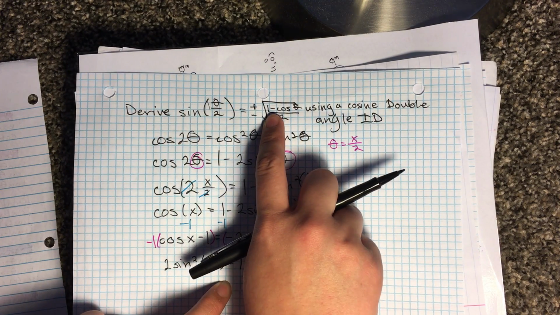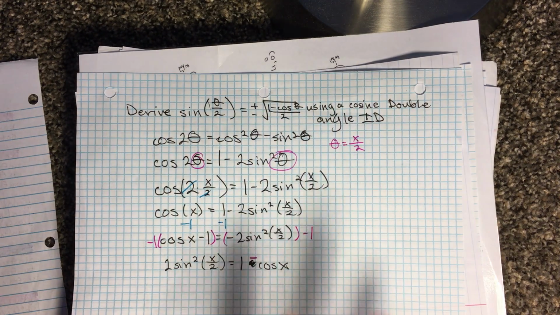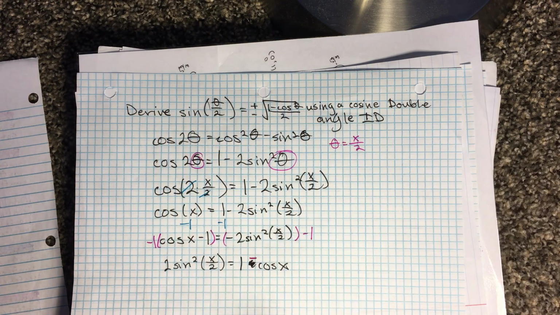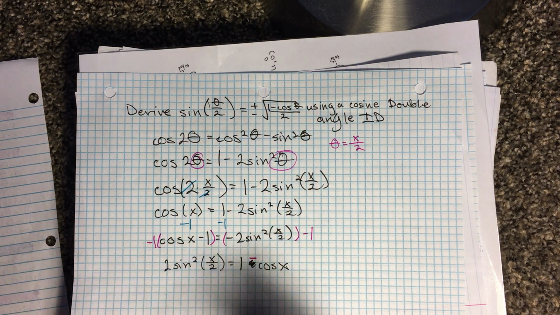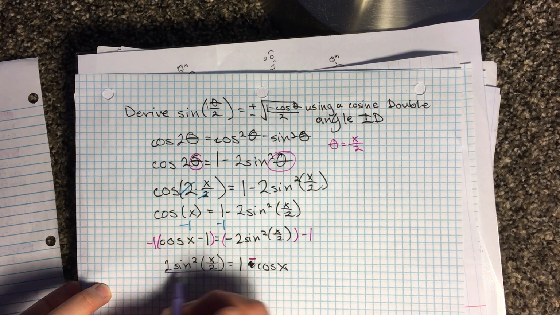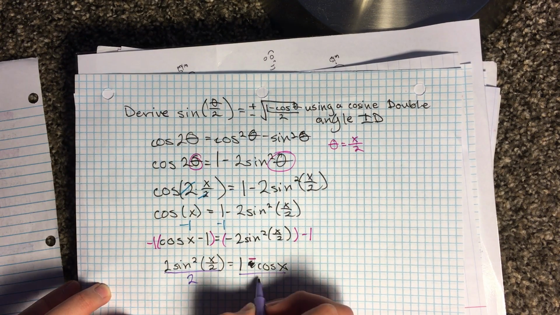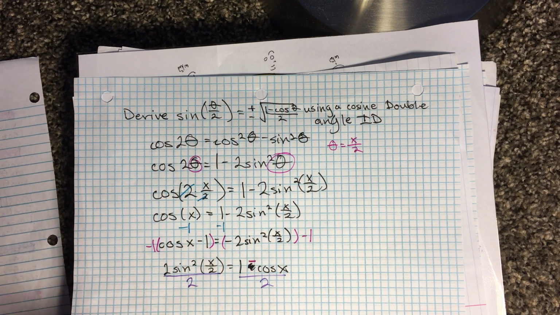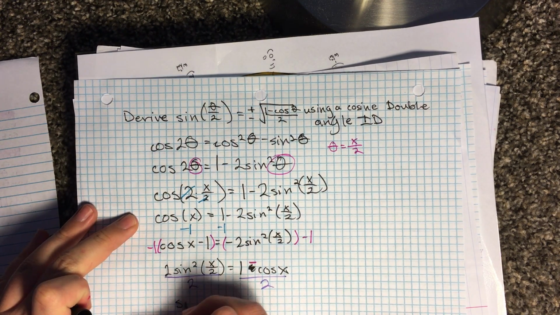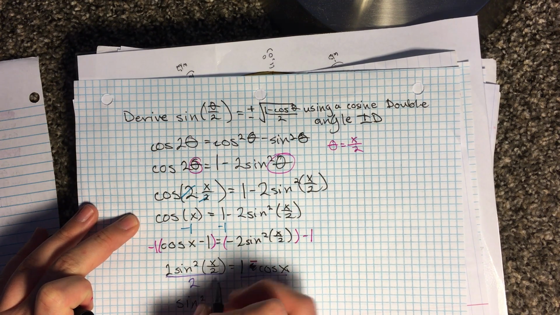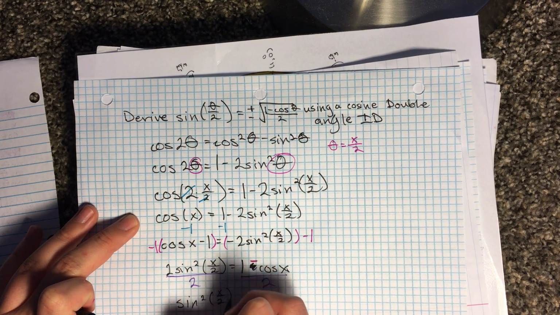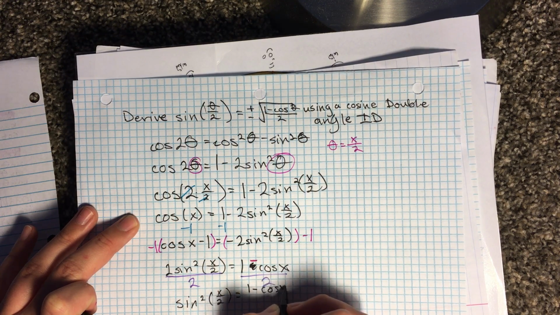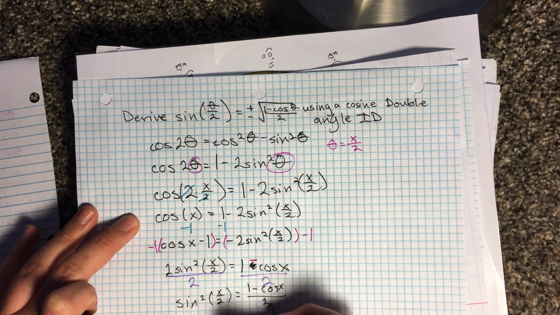I already have that up there, right? So perfect, I'm on my way to getting the right answer. Bring in a third color here because, you know, I gotta be extra. I can divide everything by 2 to get even more by itself. That'll be sine squared x over 2 equals 1 minus cosine x over 2.